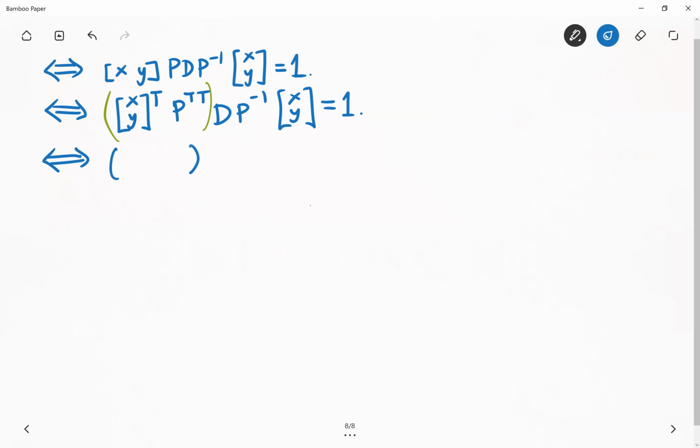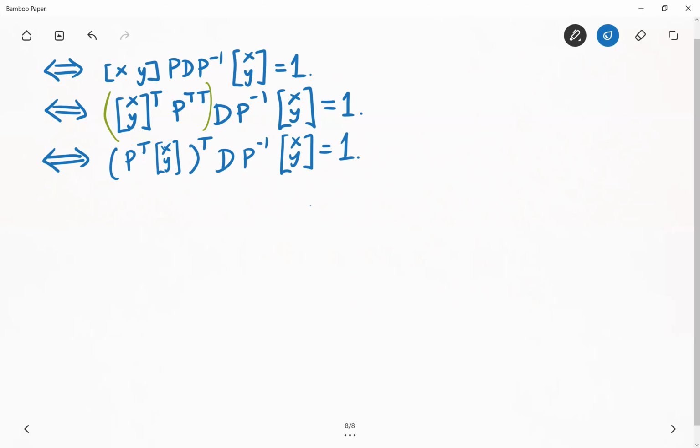So if I want to pull out a transpose, that's okay, provided that I reverse the order of whatever is left on the inside. In other words, I can rewrite that parenthesized term as the transpose of the quantity P transpose times xy. All right, and still I have P inverse xy is equal to 1.